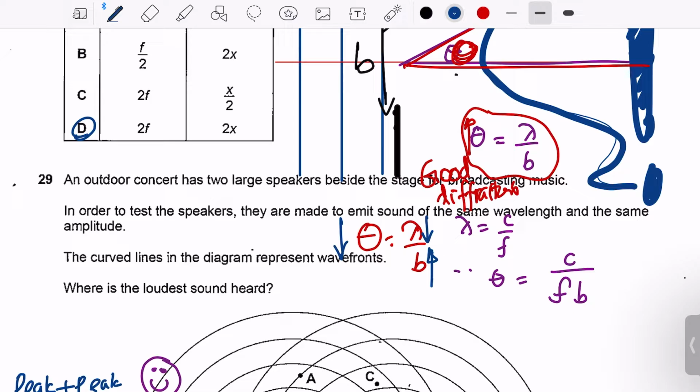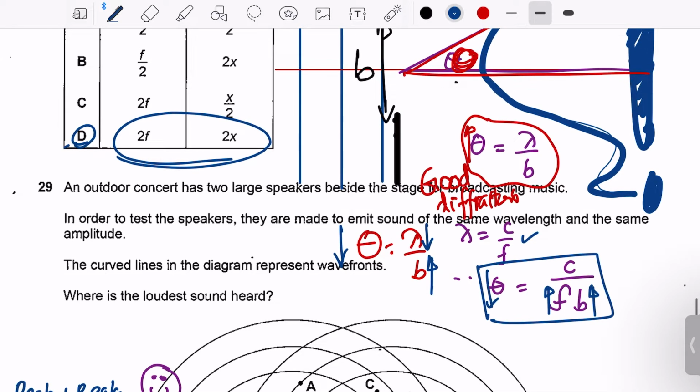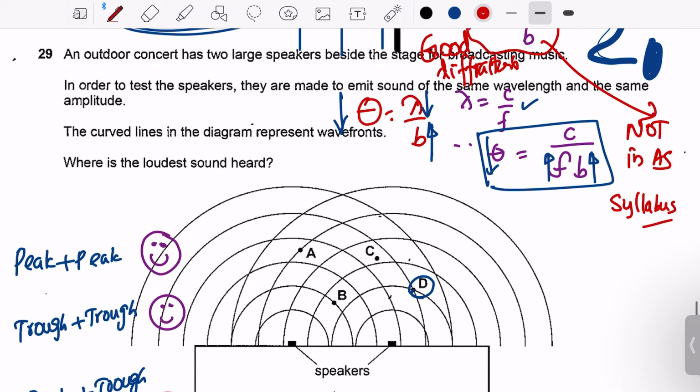But lambda is c over f, because they have given us frequency. So from this equation I put, instead of lambda, c over f. So if you want to make this one small, you have to make both of them bigger. That's why the answer is D. Sorry, this equation is not in the syllabus, but it is useful to know this equation.